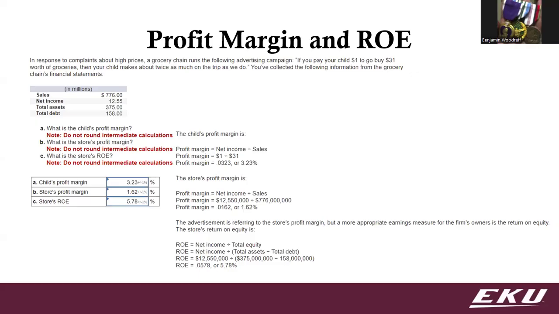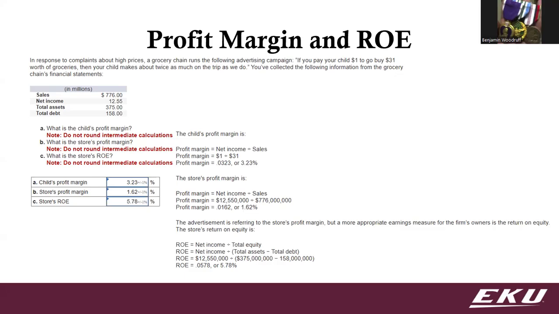Here's another ROE question, and a lot of these we're looking at profit and ROE because those are the numbers that we're going to use frequently going forward, right? How much are we turning as a profit, that type of thing. So in this particular problem, the grocery chain is trying to point out that their profit margins are actually low, and this is normally the case with things like grocery stores.